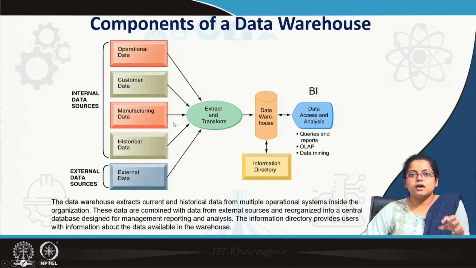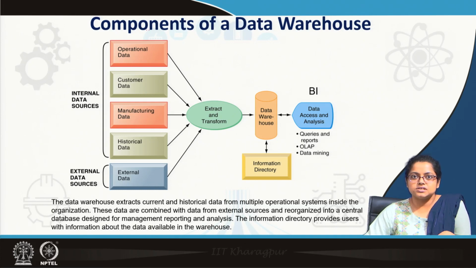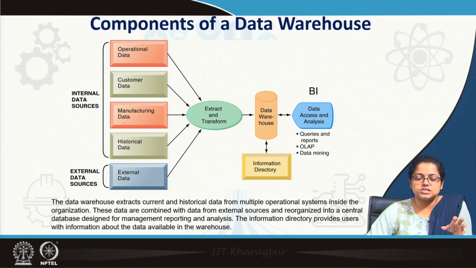Moving ahead, components of a data warehouse. Earlier we mentioned that a data warehouse has data from multiple databases. Core operational databases within the organization, such as the operational database, customer database and manufacturing database that we see here, hold the current data.